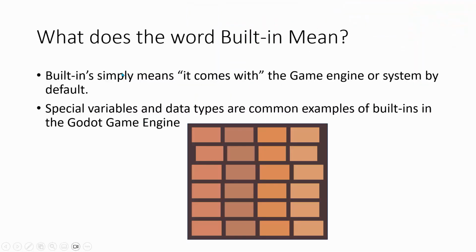So there are some keywords that you can hear when you're using Godot, like built-ins. So just like in other programming languages, a built-in is a data type that has come with the engine. If you install Godot, it comes in with a lot of built-in data types. There are custom variable types, and the most common and important data type in Godot is the variant.